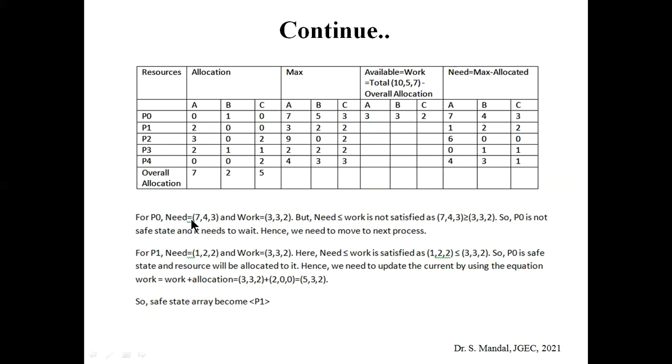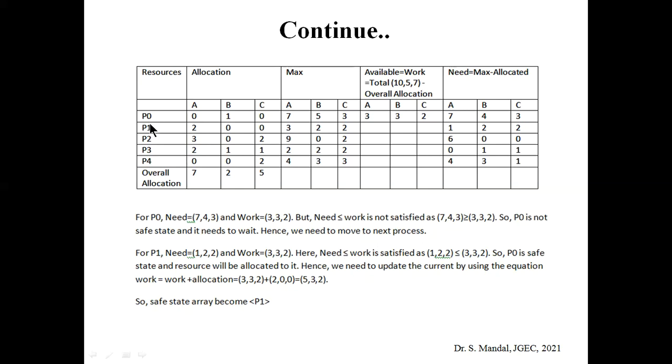You can see that 7 4 3 is greater than 3 3 2. That means 7 greater than 3, 4 greater than 3, 3 greater than 2. So obviously need is not less than or equal to work. So P0 is not in safe state and it needs to wait. So we move to the next process.